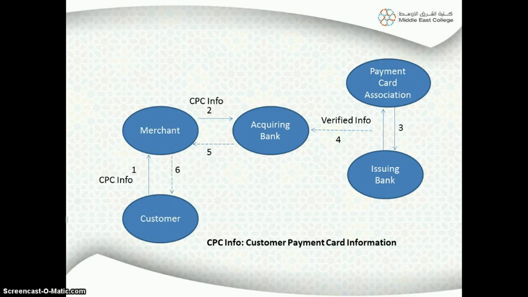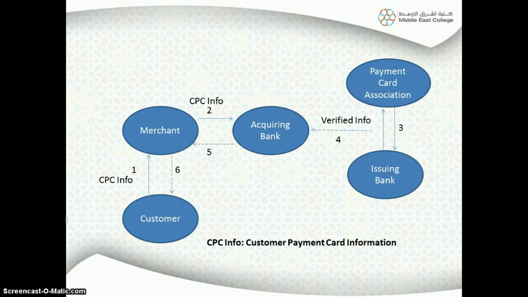Then the buyer account information is verified. This involves the issuing bank from which the buyer obtained the credit card and the credit card association like Visa or MasterCard. Verification is received by the acquiring bank and is passed on to the merchant, who then ships the product. Payment cannot be issued to the merchant until the product has been shipped.